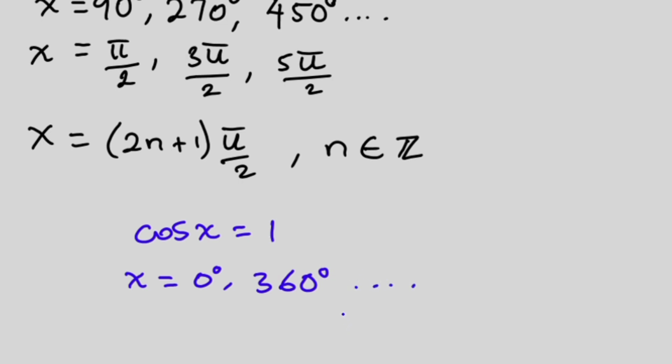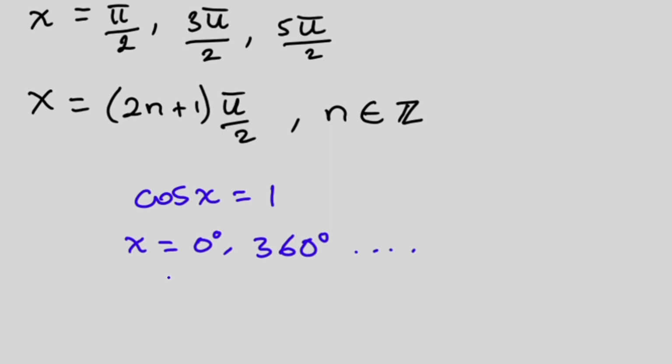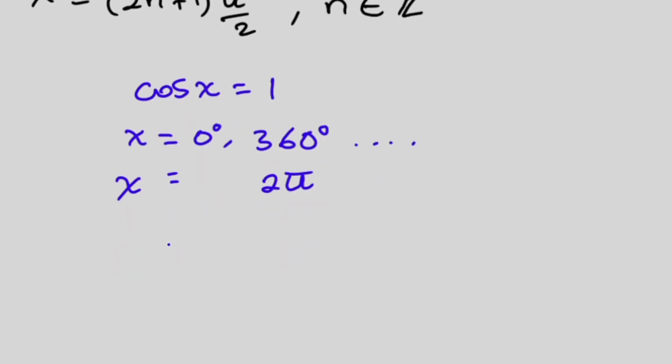So from this equation, we also have to find a general solution since we have so many solutions. Now, in radian, this is still 0. Then 360 degrees in radian is 2 pi, right? So to get a general solution, we're going to multiply this one by a certain integer. So we have x is equal to 2n pi, where n is an integer, right?